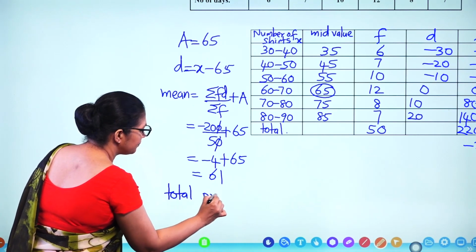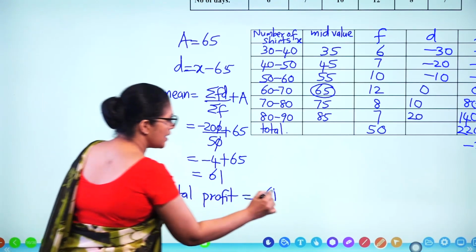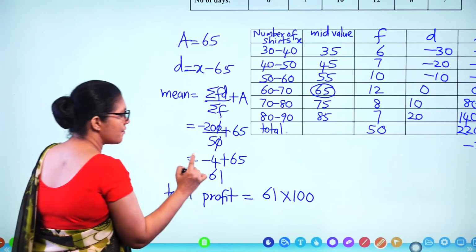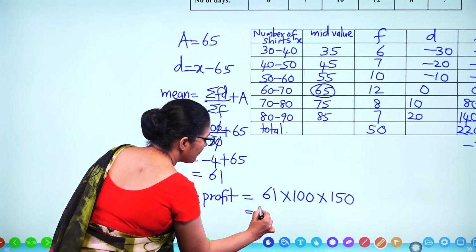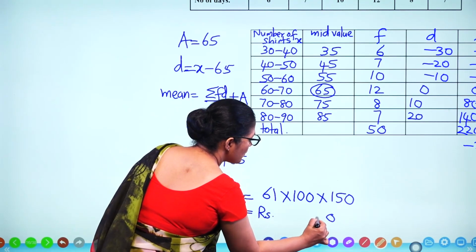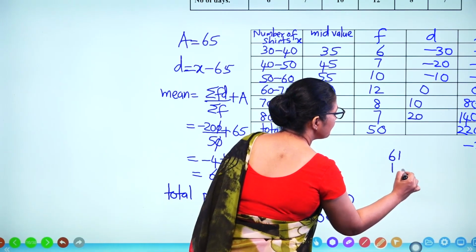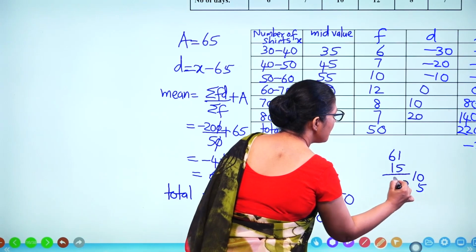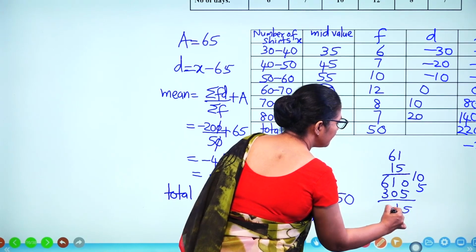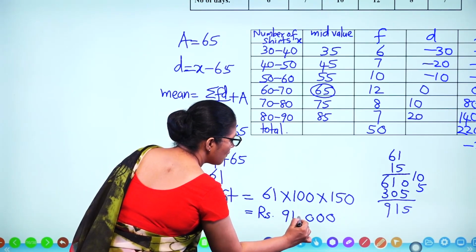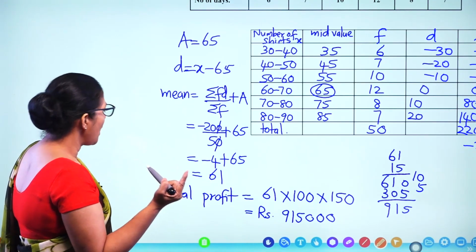Total profit: 61 number of shirts per day, 100 days you multiply by 100, and from each shirt 150 rupees you are getting. 3 zeros. 61 times 15. 5 times 1, 5. 5 times 6, 30. 915. 915,000 only.